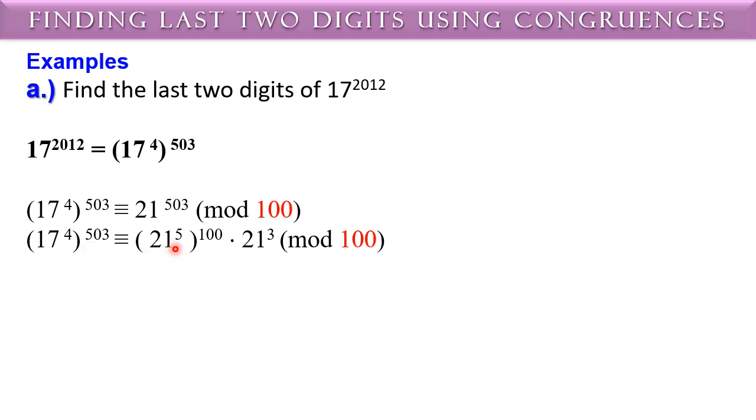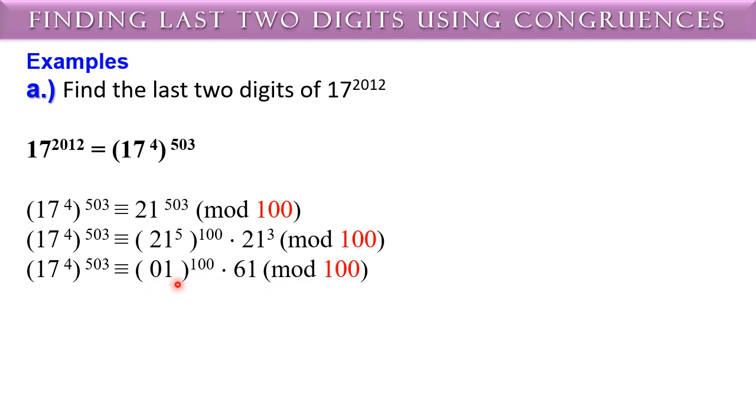Rewriting 21 raised to 503, we will have 17 raised to 4 raised to 503 is congruent to 21 raised to 5 raised to 100 times 21 raised to 3 modulo 100. We rewrite 21 raised to 503 in this way since 21 raised to 5 when divided by 100 will leave a remainder of 01. Thus, we have 17 raised to 4 raised to 503 is congruent to 01 raised to 100 times 61 modulo 100.